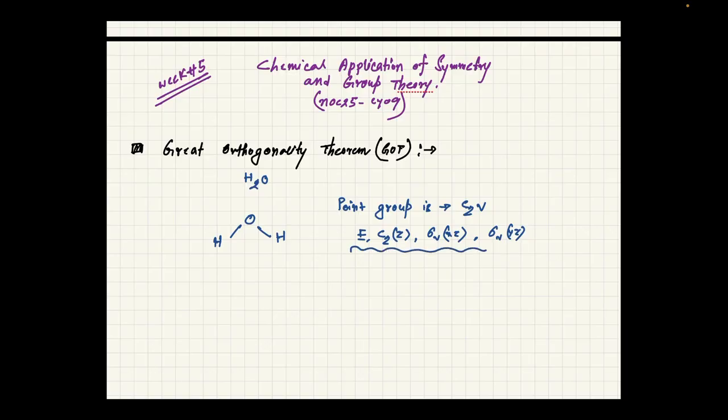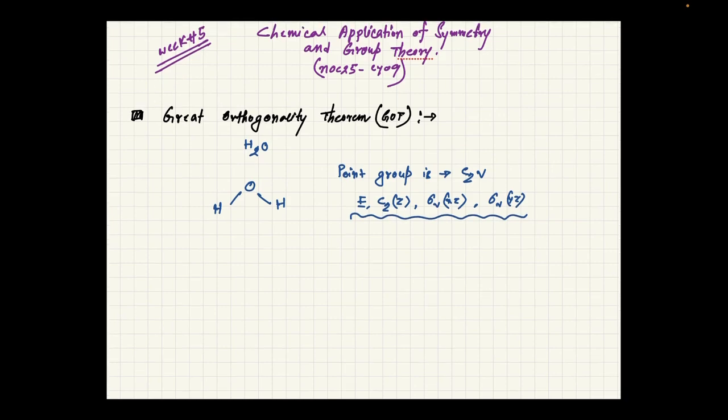Then before writing down the character table, we have to first define whether there is any class. What is a class? We have a collection of symmetry operations, right?